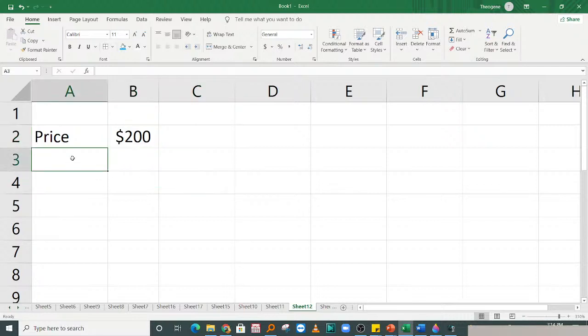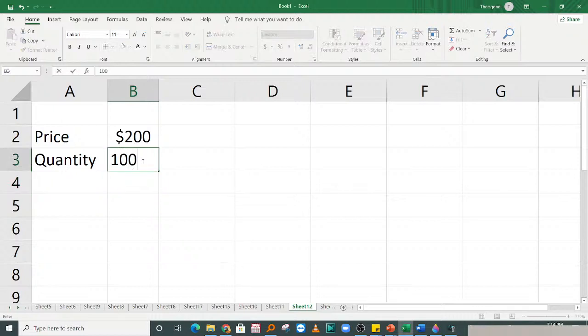We have $200. Then we have, for example, the quantity of products. We don't know, the quantity maybe 100 or other numbers like that. Sorry, it should not be dollars, it should be a general number.